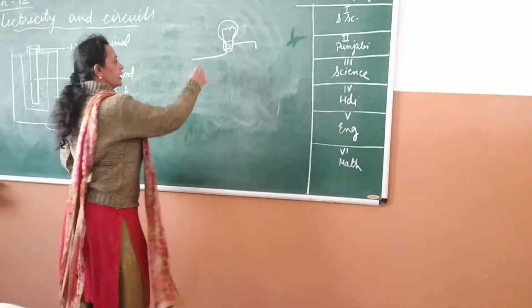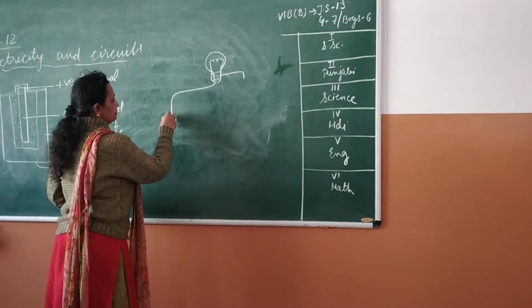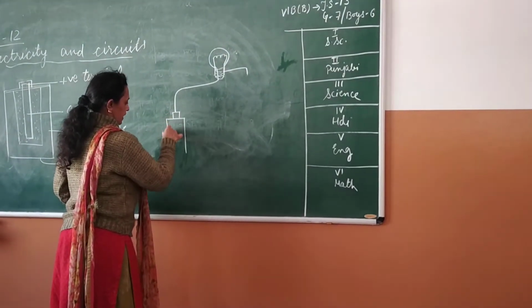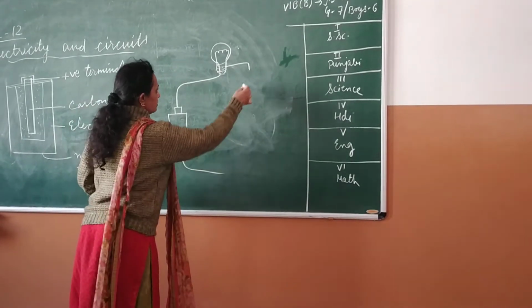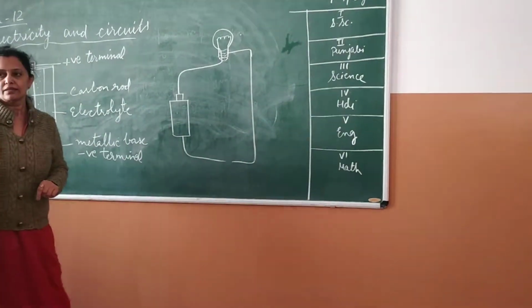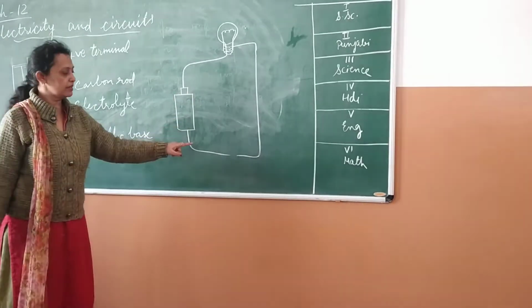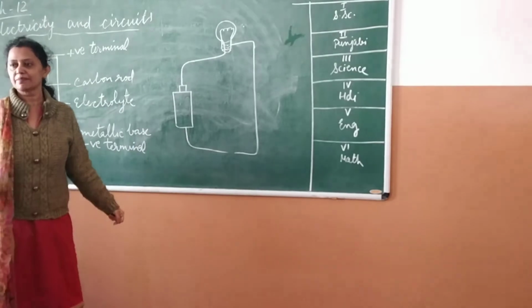Clear? Connecting wire, one, will be attached to the positive terminal of the cell, and then to the negative terminal of the cell. This makes the circuit. Can you tell me, is it a closed circuit or open circuit?